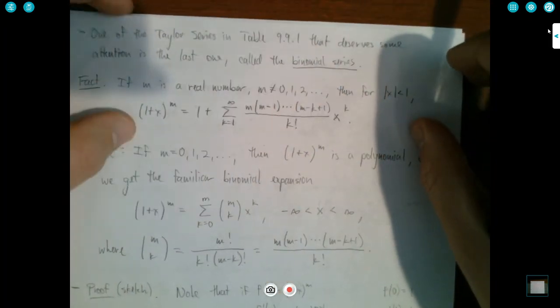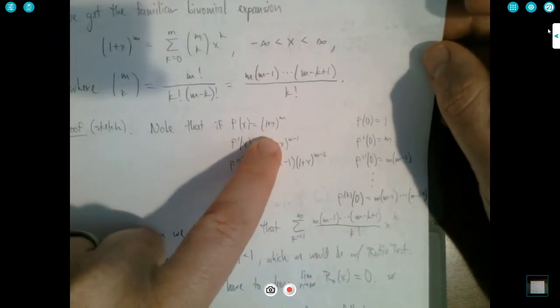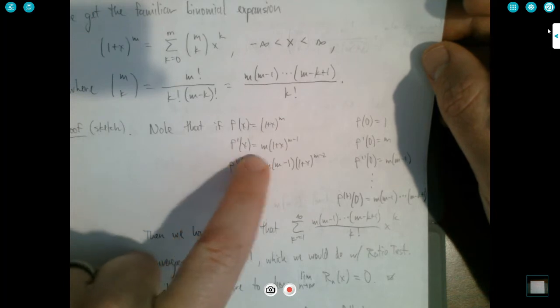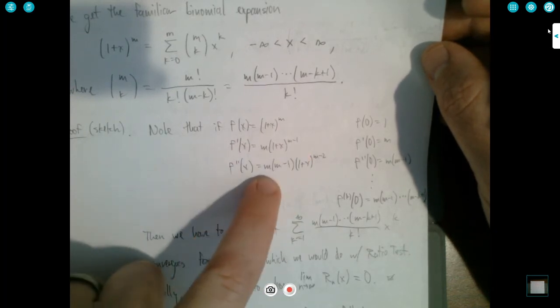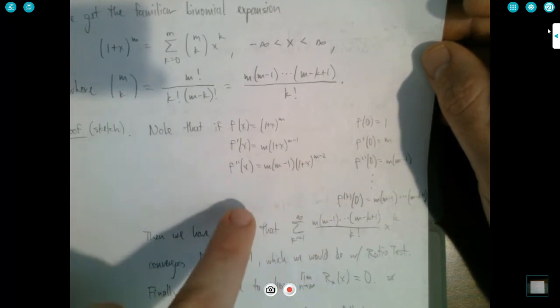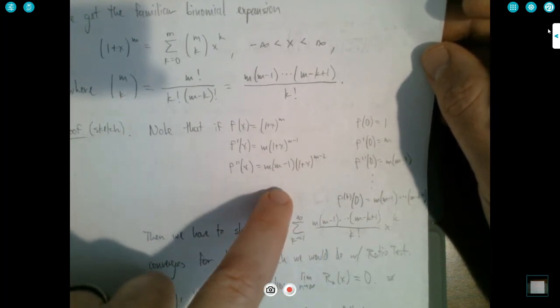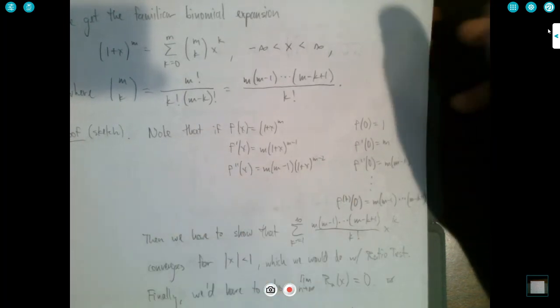So to that end, note that if f of x is (1 plus x) to the m, then f prime is m times (1 plus x) to the m minus 1. F double prime is m times m minus 1 times (x plus 1) to the m minus 2. F triple prime would be m times m minus 1 times m minus 2 times (x plus 1) to the m minus 3, and so forth.